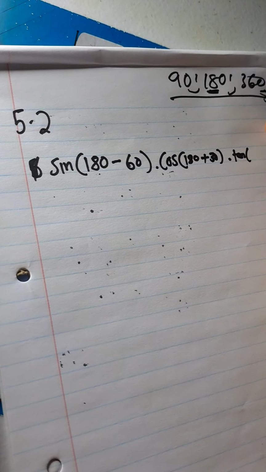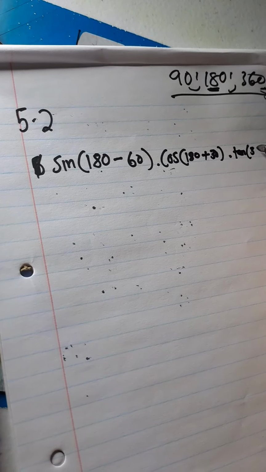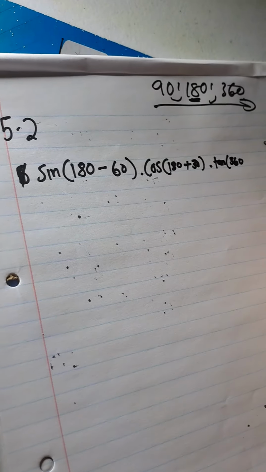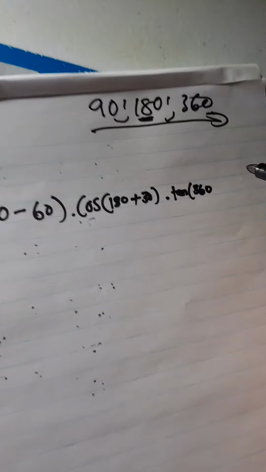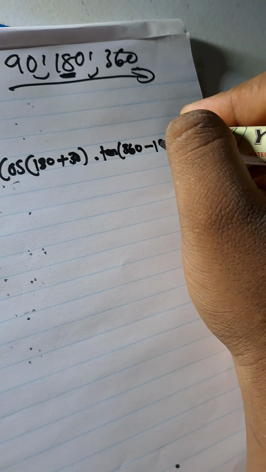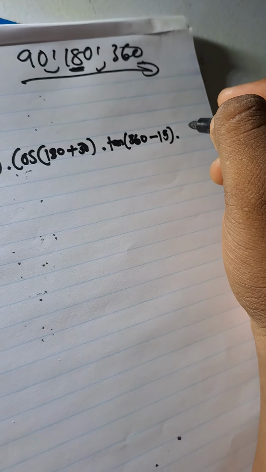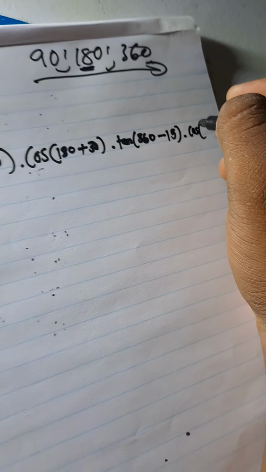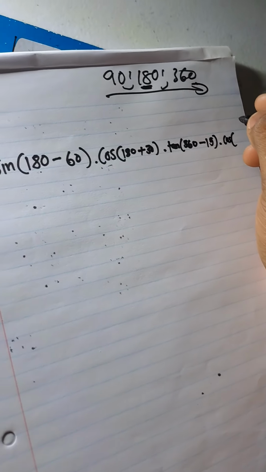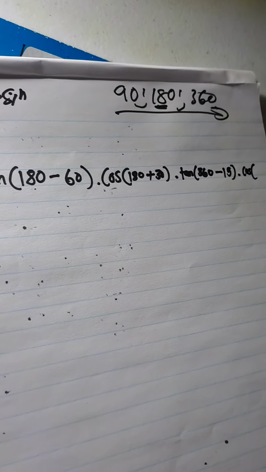Tan 315, so I'm going to use 360. Must I add or subtract to get 315? I must subtract. How much must I subtract? 15. Times cos 27. Cos and sine are co-ratios of 90, which means 27 is close to 90.